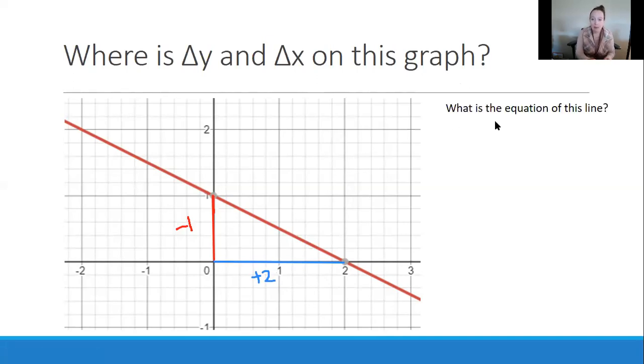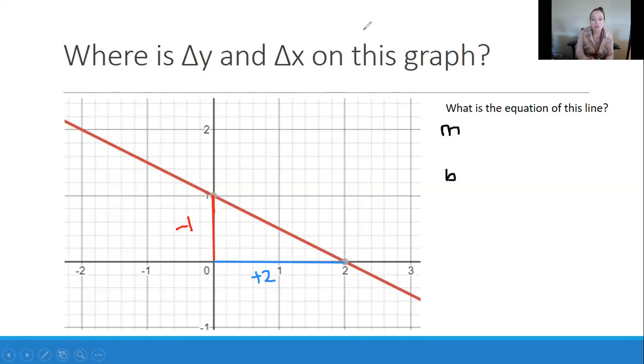So there is my slope. And the question that we're really asking is then, what's the equation of this line? There are 2 things that you need to find that equation. We're going to talk a lot more about equations of lines, but remember, all you need for an equation is your m and your b.